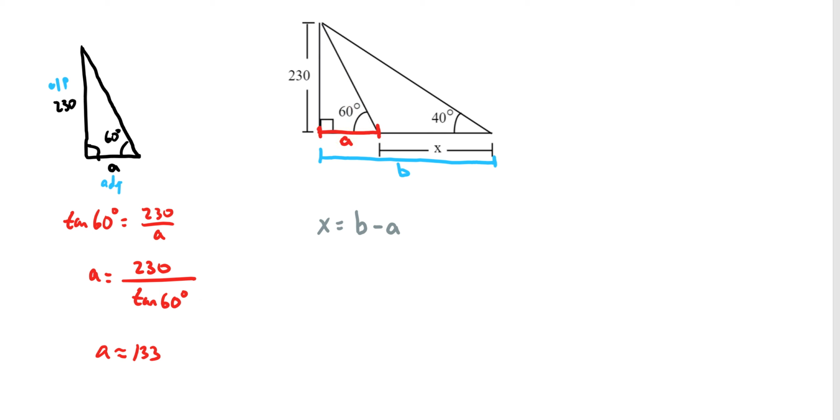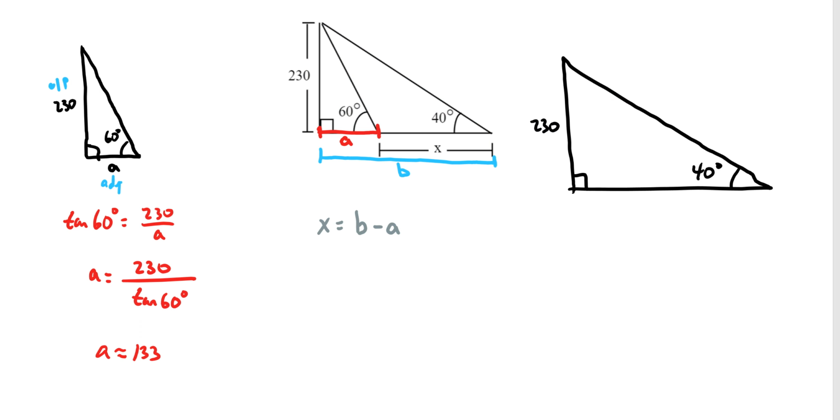Now let's do the same exact thing for the entire triangle and solve for the missing side B. And then we'll subtract them right here in the middle, and then we will be done. So drawing the entire big triangle outside of the triangle, we have the 230 and the 40 degrees.